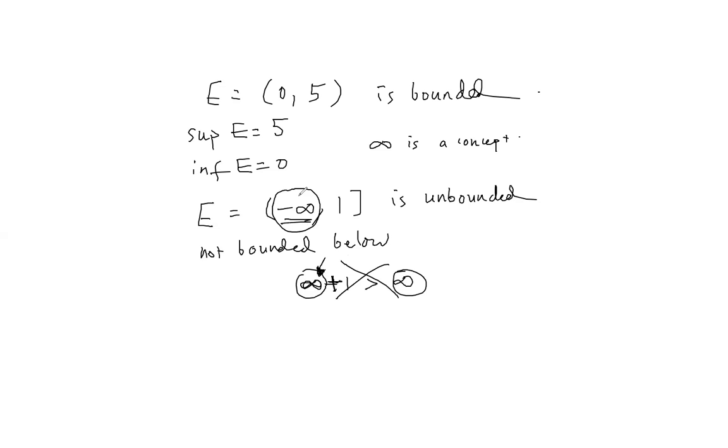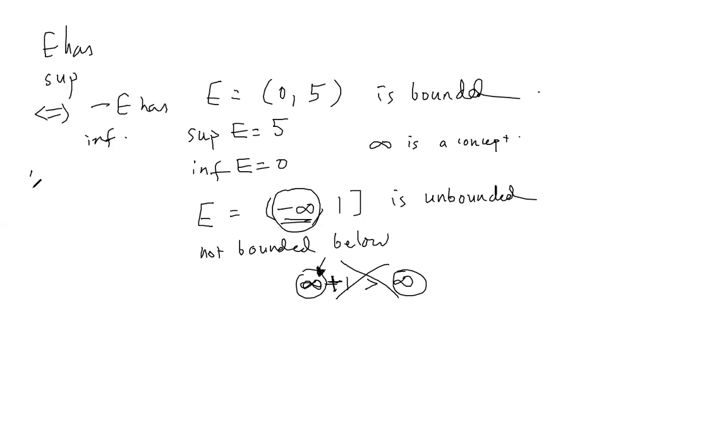And then just going through theorem 3.1.3, there are two assertions there, which you can actually check easily. It says that E has a supremum if and only if minus E has an infimum.